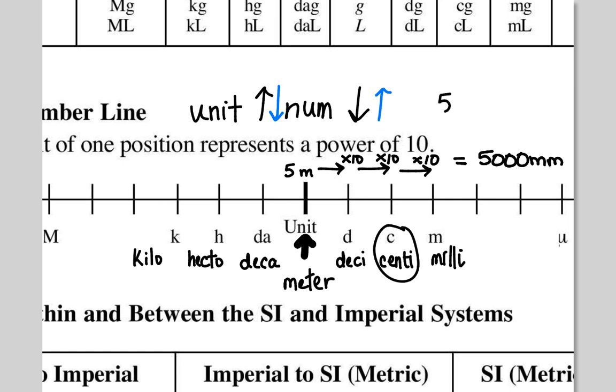Written using powers of 10 would be like this: 5 times 10, 3 times. So from meter to millimeter, the unit got smaller. What'd you notice about the number? It got larger.